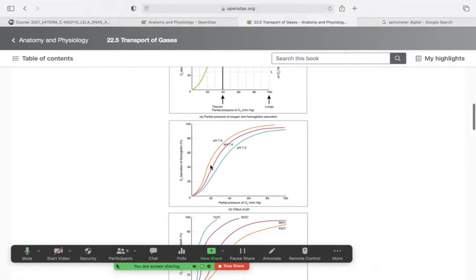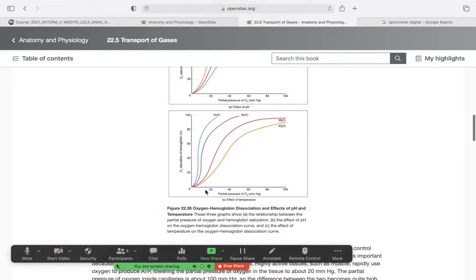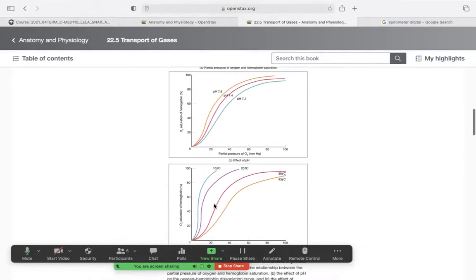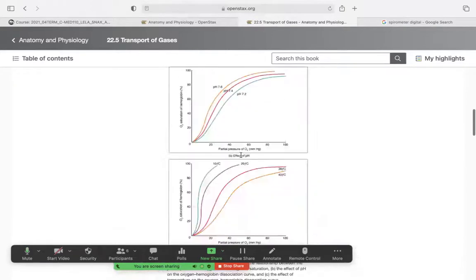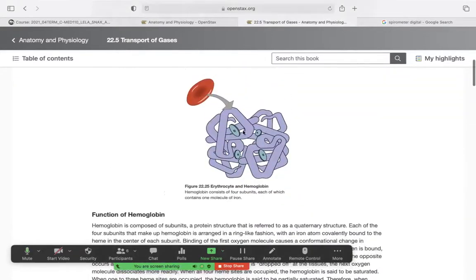So that's what these curves are. And you could see the optimal pH for blood should be 7.4. The optimal temperature for a human being should be 38 degrees Celsius, as you can see here. And if it's too hot or too cold or the pH is off, it will definitely affect your breathing by controlling how easy oxygen hops on and hops off.